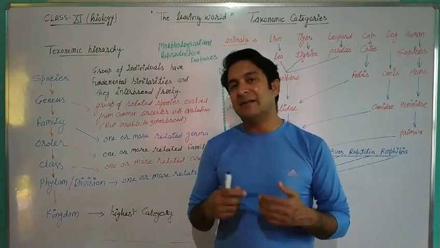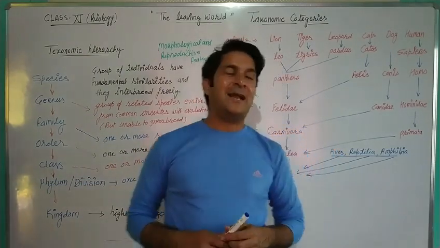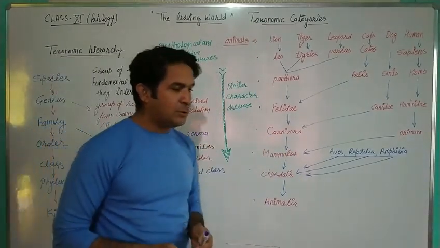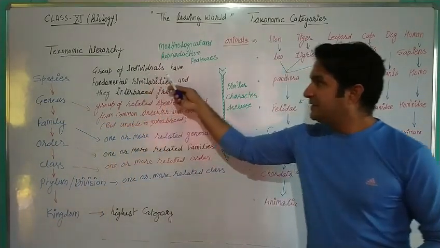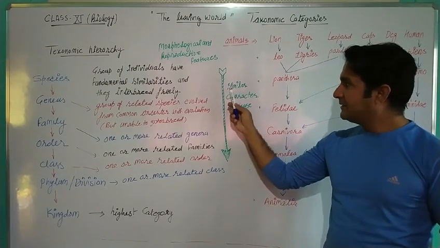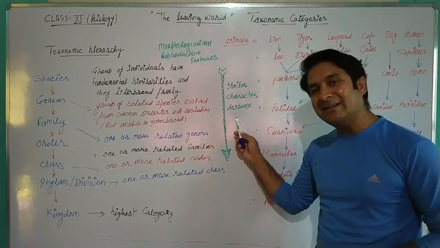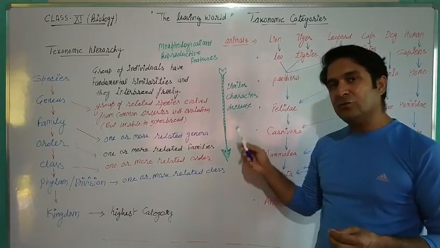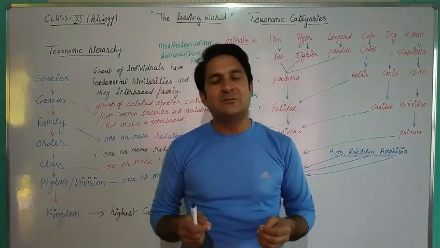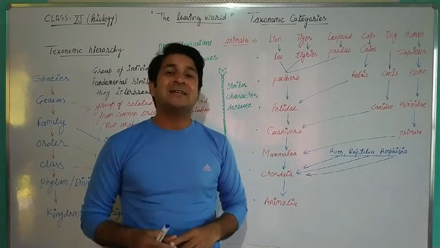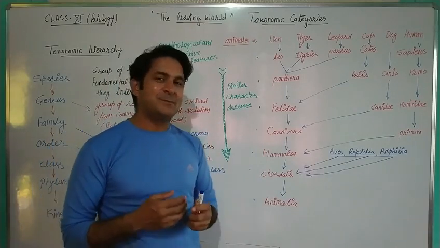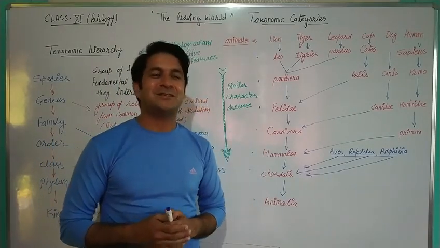You can see here this arrow indicating species going down towards kingdom, and the similar characteristics are decreasing. So it is easy to understand that all the living organisms under one species have the maximum similar characteristics. Got it?